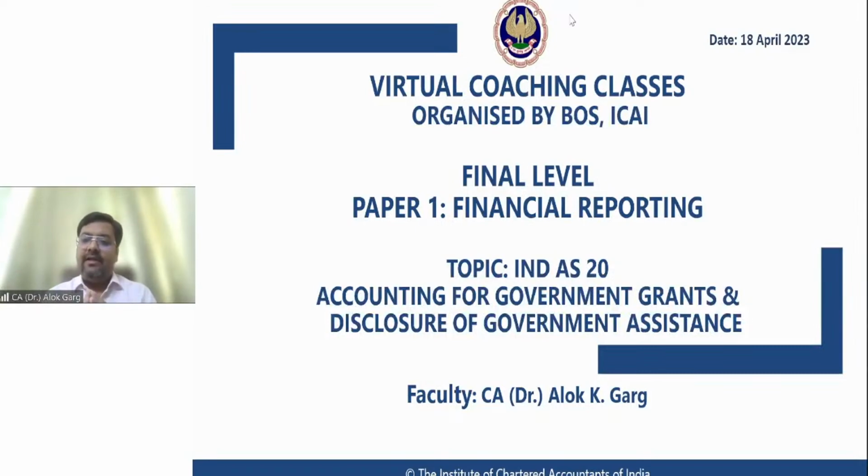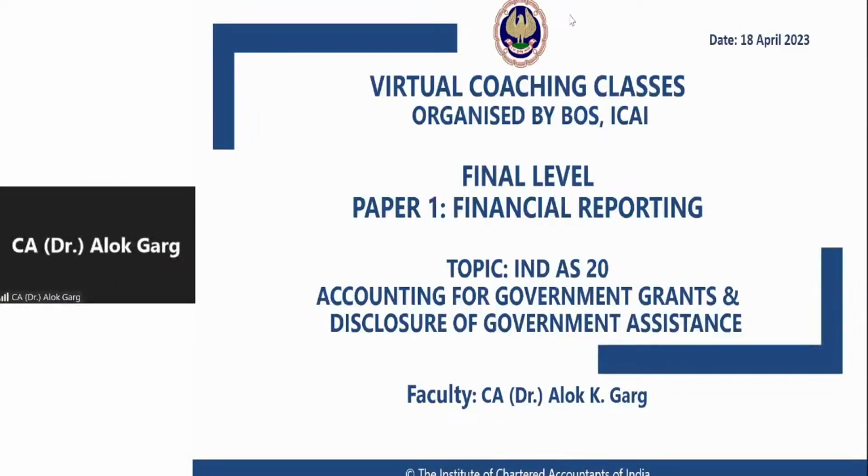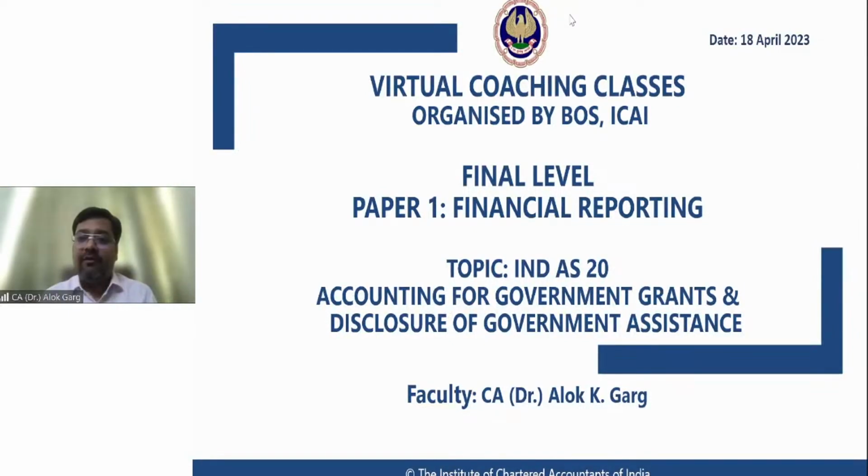So friends, the difference between what we have read in CA Inter in Accounting Standard 12 versus what we are going to study in Ind AS 20, you know what is the difference? AS 12 was talking about accounting for government grants, but in this standard, Ind AS 20, it is also talking about disclosure of government assistance, right?